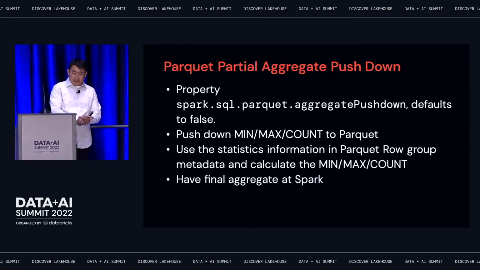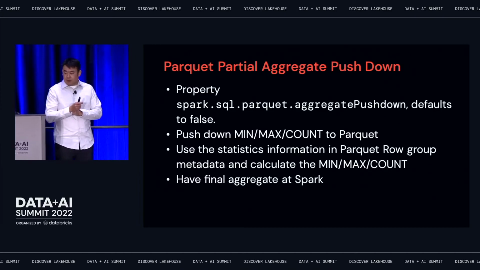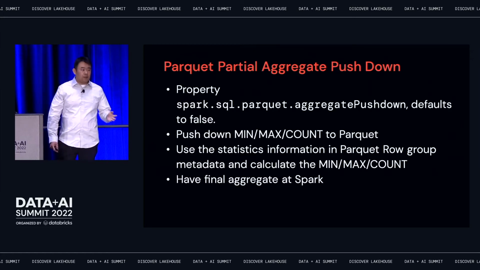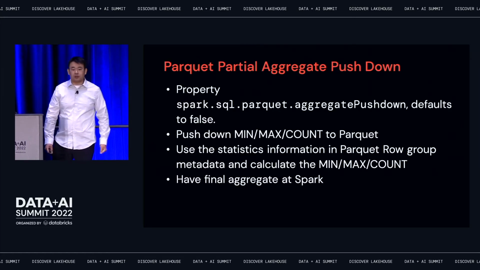Okay, so two things I want to note is that data source v2 is not enabled by default right now. So if you want to try out this feature, you have to enable data source v2. And also the Parquet aggregation pushdown is not enabled by default as well. It's a new feature we just merged into the open source community.